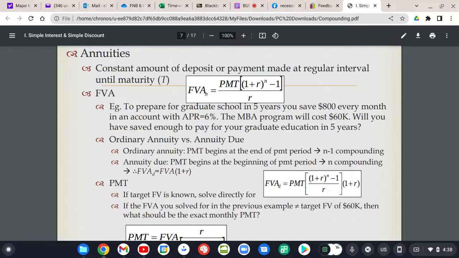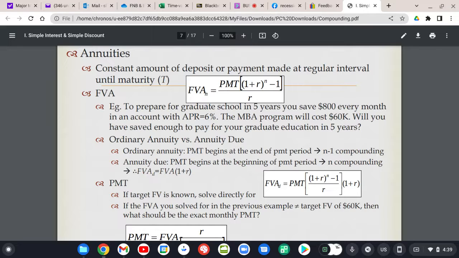Meals, room and board, right? So usually Princeton, MIT, Harvard, Yale, Stanford, they cost like $60,000 a year. For 4 years, that's going to be $240,000.